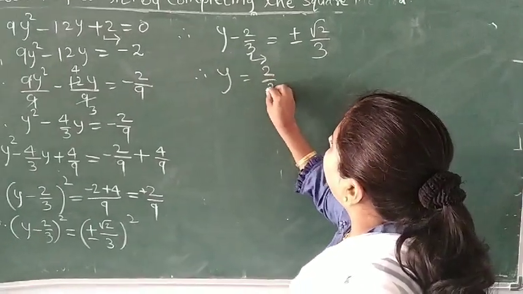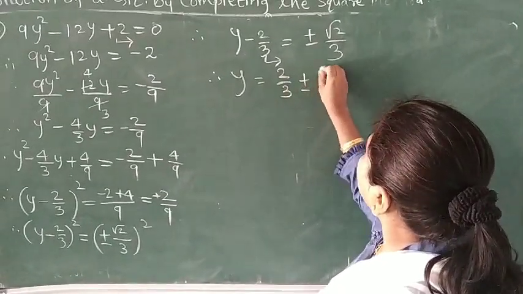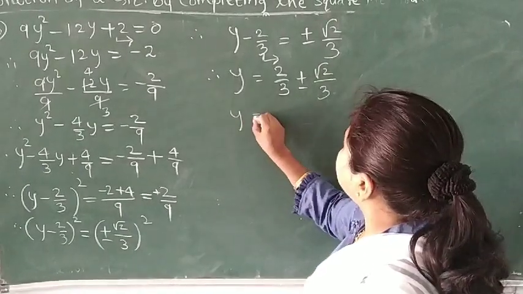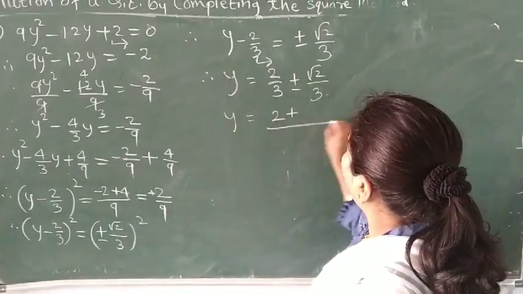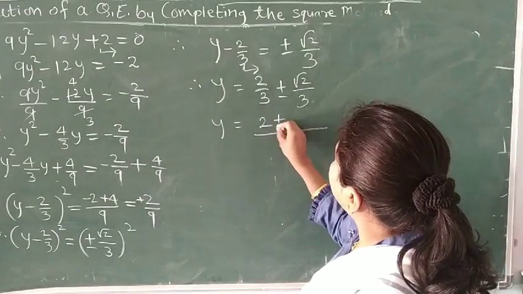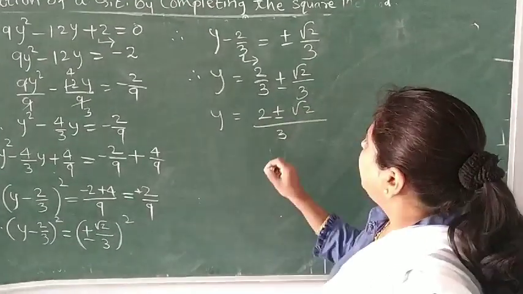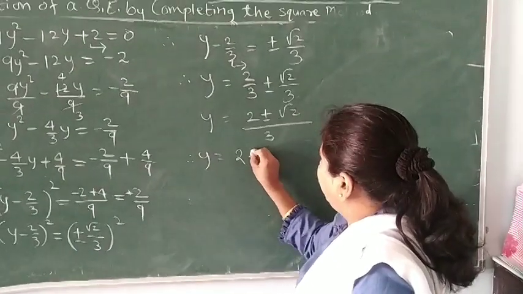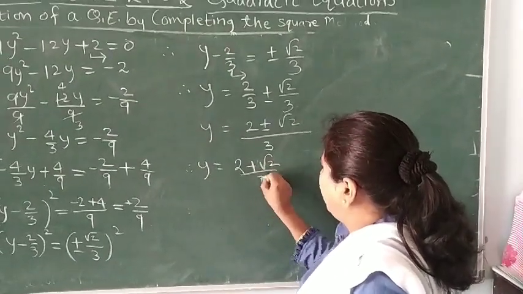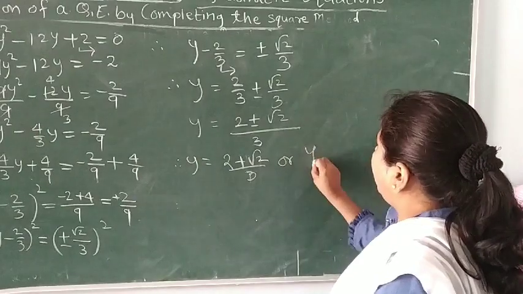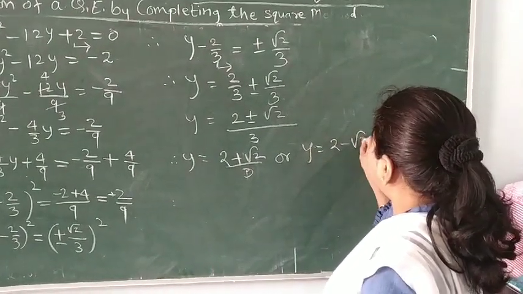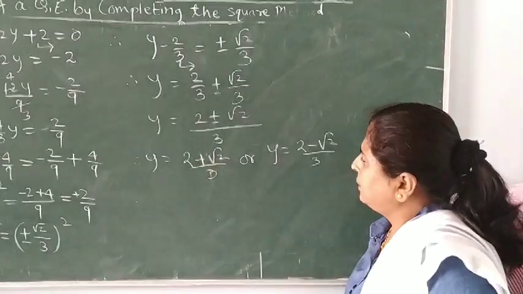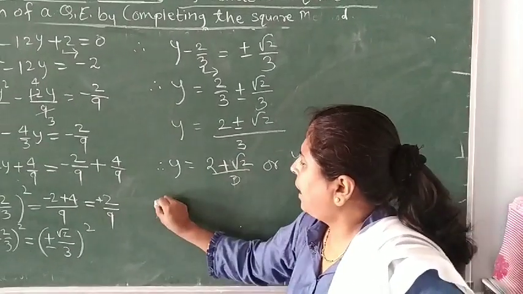You will get 2 upon 3 plus or minus square root of 2 upon 3. As the denominator is 3, you can write it once: 2 plus or minus square root of 2. So here you have got two values: y is equal to 2 plus square root of 2 upon 3, or y is equal to 2 minus square root of 2 upon 3. Now you cannot simplify it further, so these are your final answers.